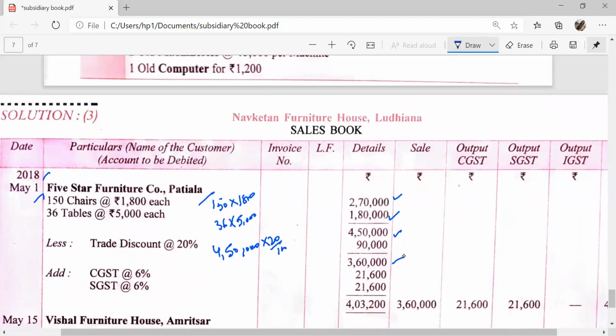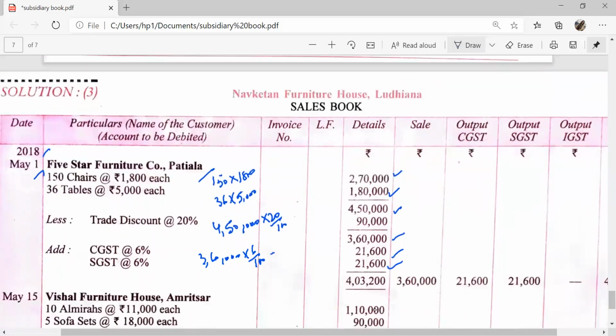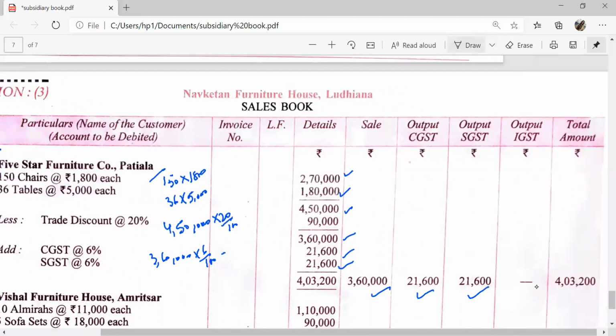After this, we will calculate the CGST and SGST on 3,60,000: 21,600 and 21,600, and the total amount is 4,03,200. In the sales column, we will write the amount after deducting trade discount, 3,60,000, and in output CGST 21,600, output SGST 21,600, output IGST we will leave blank because the goods are sold within a state, and total amount is 4,03,200.